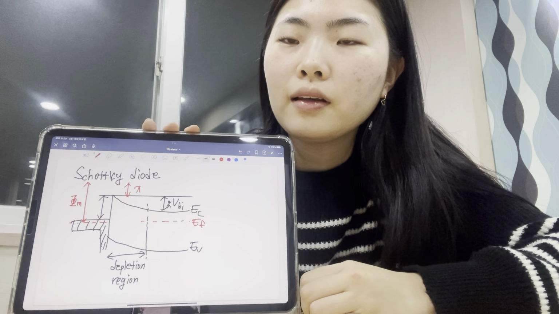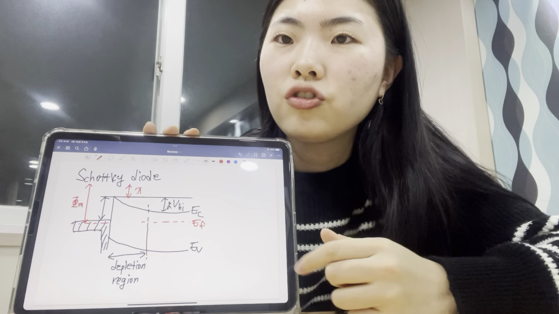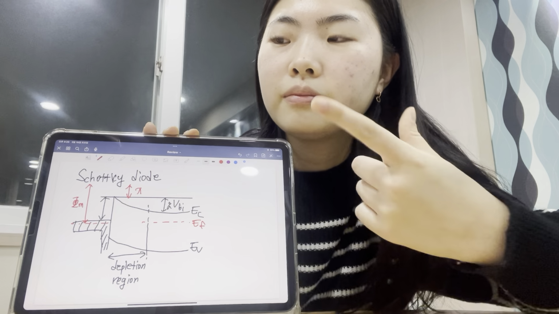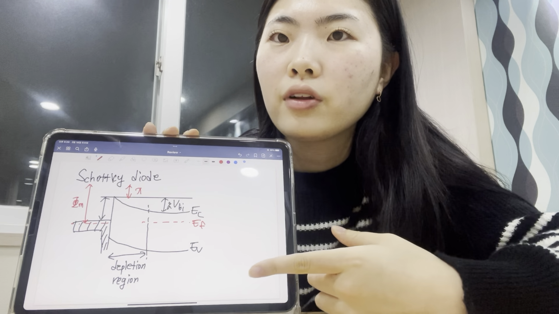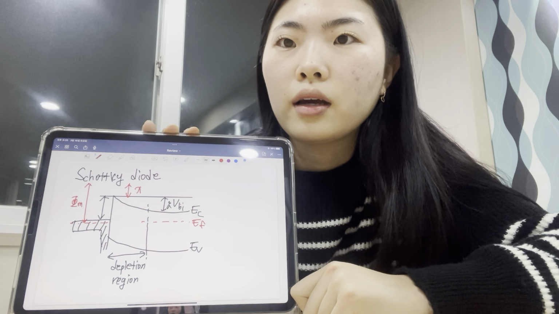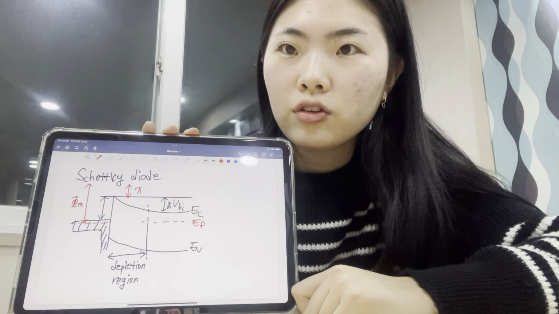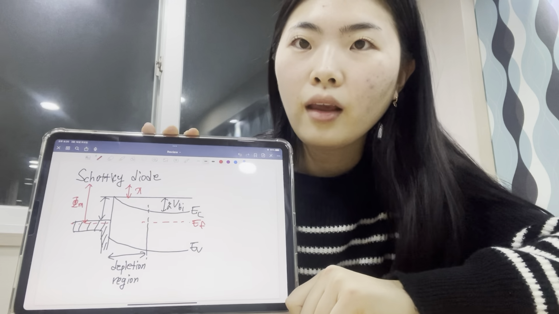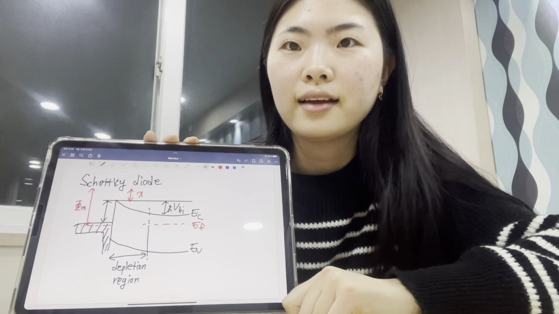So it will change like the energy levels we learned before for the PN junction. It will also work like that.